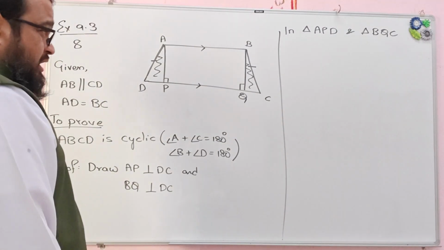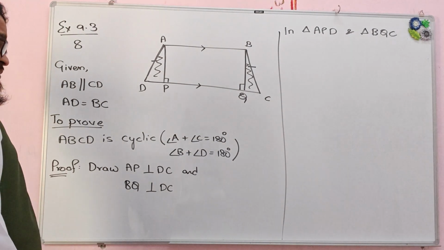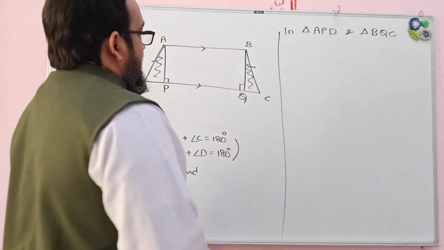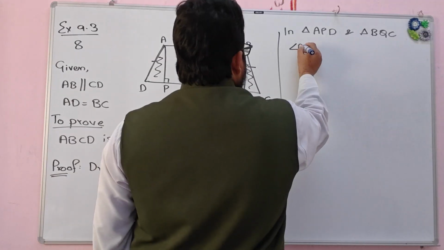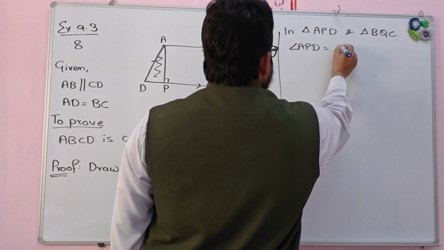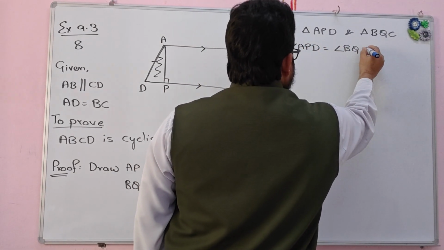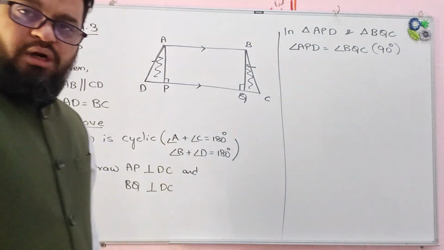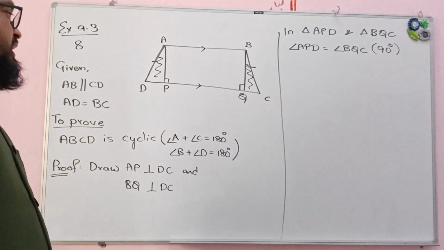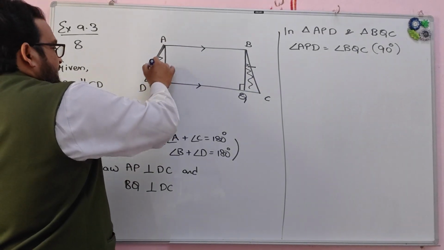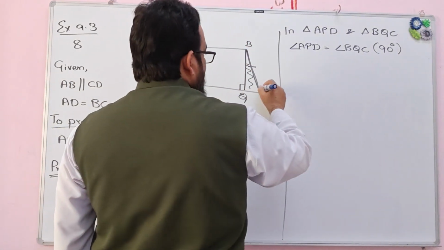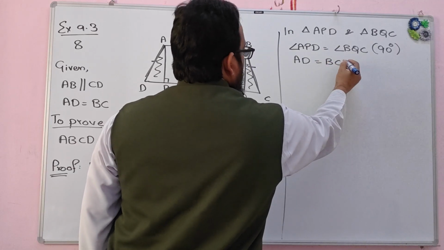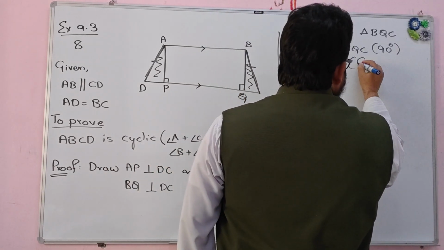So let us see what are the parts which are equal in triangle APD and BQC. This is 90 degrees and this is also 90 degrees. So angle APD is equal to angle BQC, equal to 90 degrees, that we have drawn, constructed. Then what is equal? AD equals BC. What is the reason? It is given.